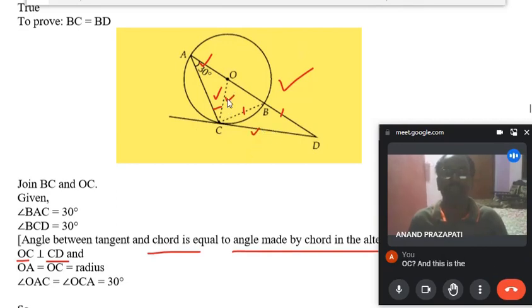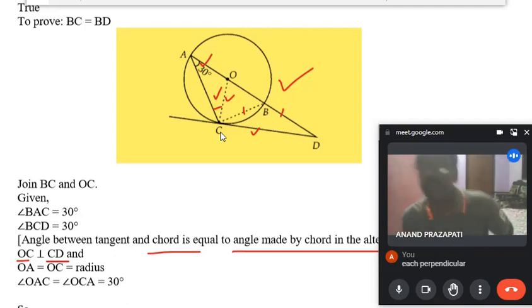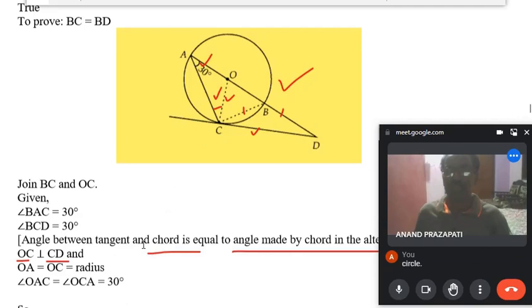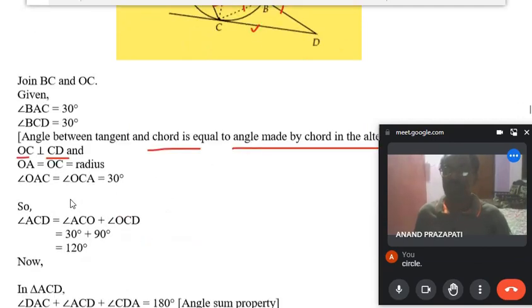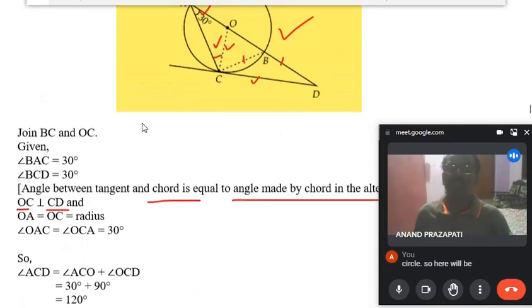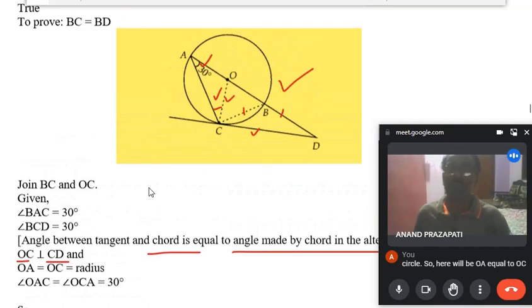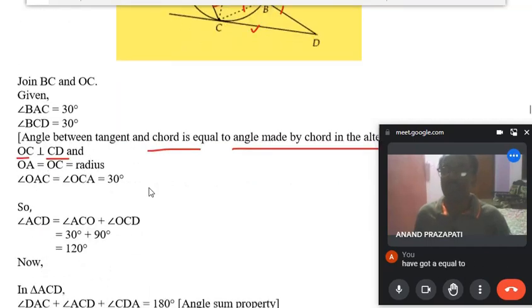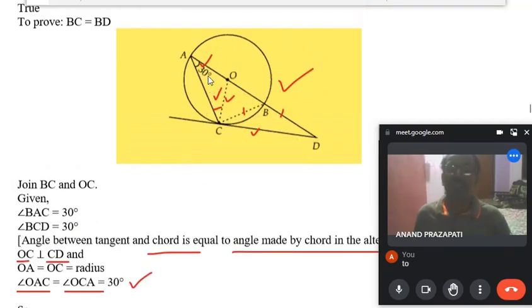CD is the tangent and OC is the radius of the circle, and we know that the tangent is perpendicular to the radius of the circle. So OA equals OC. Therefore, angle OAC equals angle OCA equals 30 degrees. Already I have cleared this.